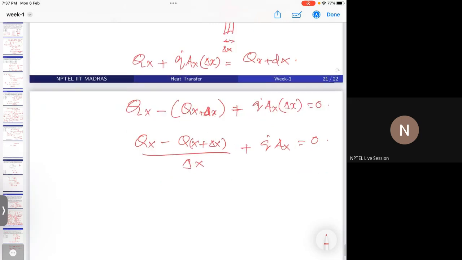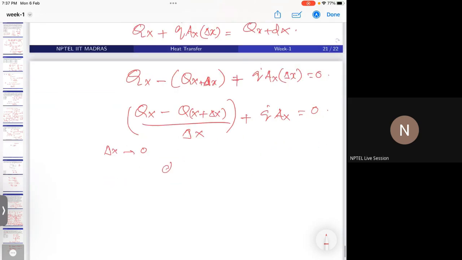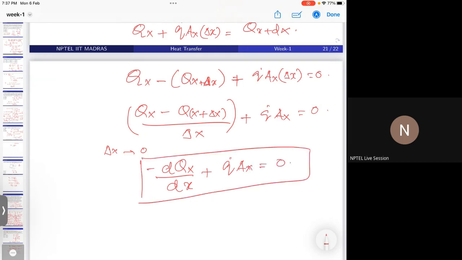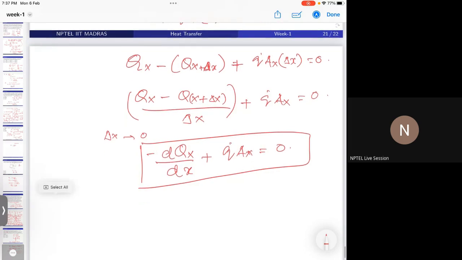When delta x tends to 0, we can write it as minus the rate of change of Qx with respect to x, plus Q dot A(x). So this is how that equation came. I hope it is clear to you. Yes, sir. Thank you.